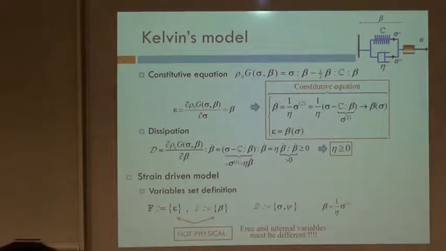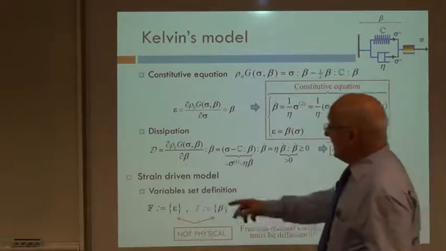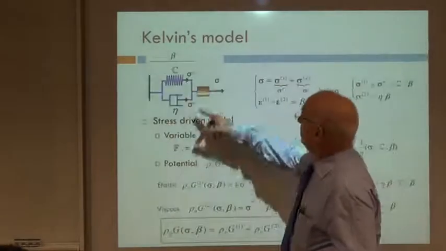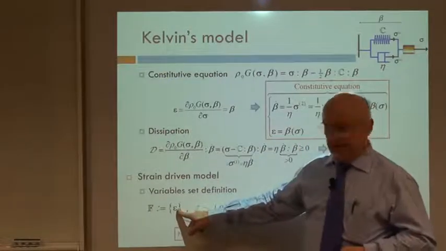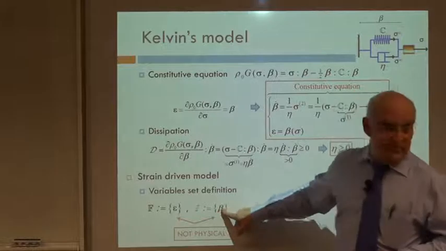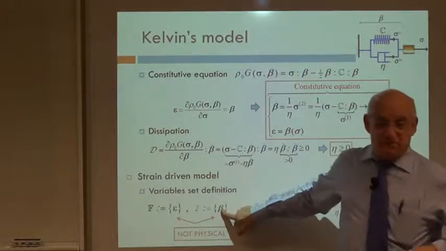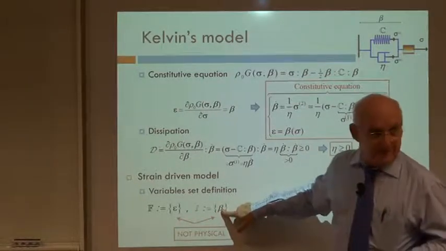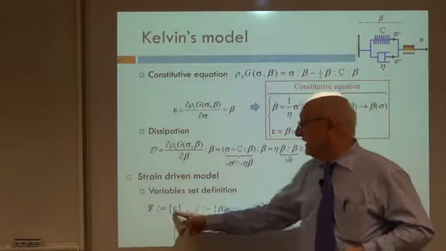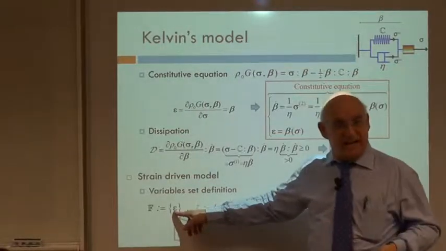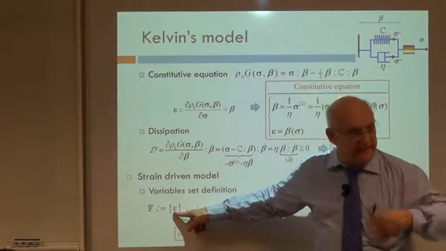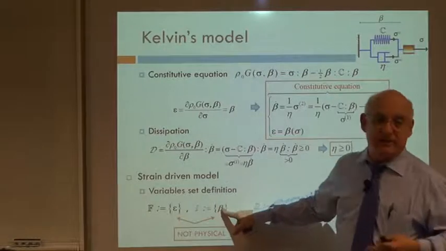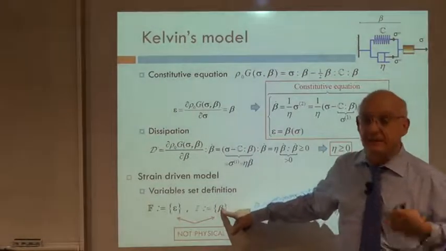What about a strain-driven model of this? Well, again, I would have to consider the strain as the free variable, okay? The internal variable would be beta, which at the end of the day is going to be the same strain. So it cannot happen that epsilon is a free variable whose rate can take any value, and beta is an internal variable whose rate is limited by the evolution equation.